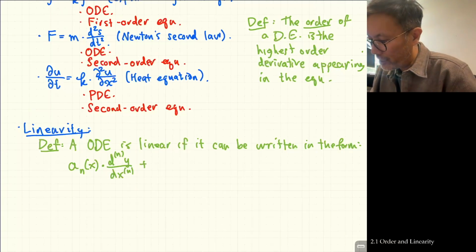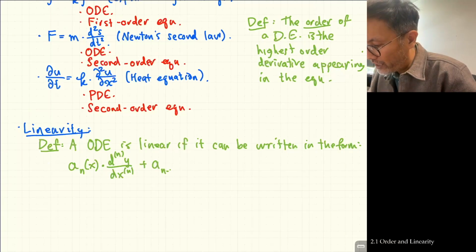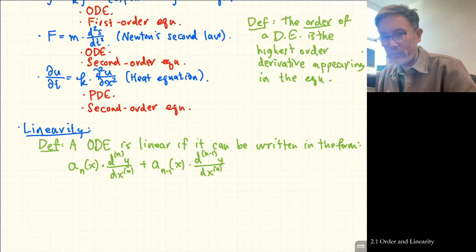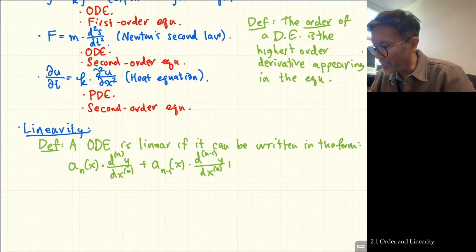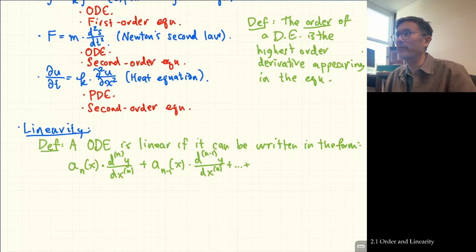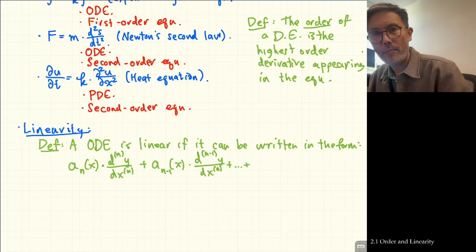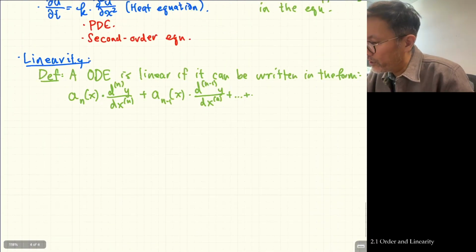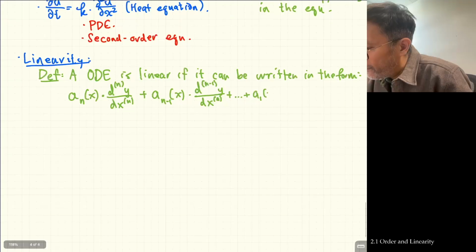We keep going. The next term of the equation is a sub n minus 1 of x times d^(n-1) y / dx^(n-1), okay? And we keep going like this. So I'm going to denote the state of affairs with a dot, dot, dot, like this. Then we're going to have what's called the order 1 term. So that's going to be a1 of x dy/dx.